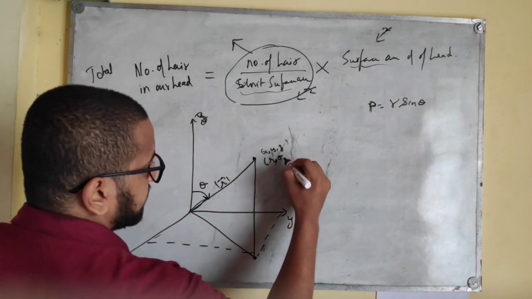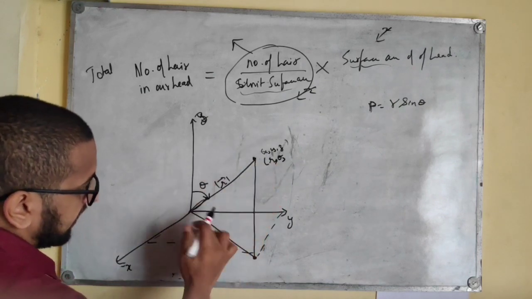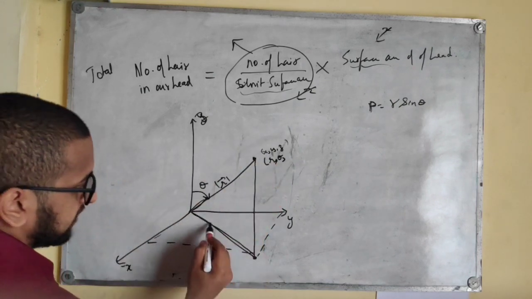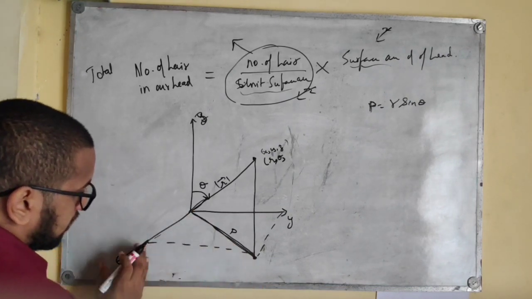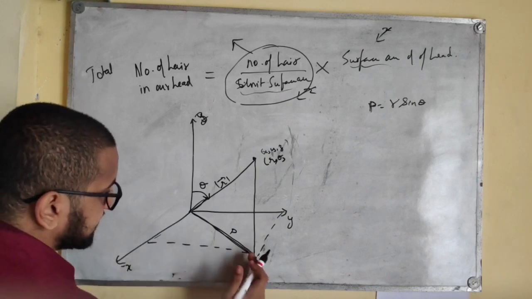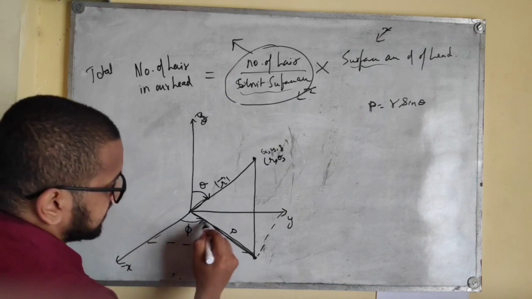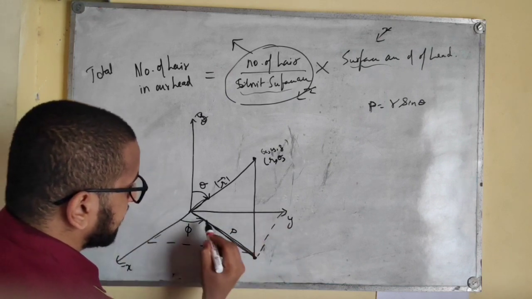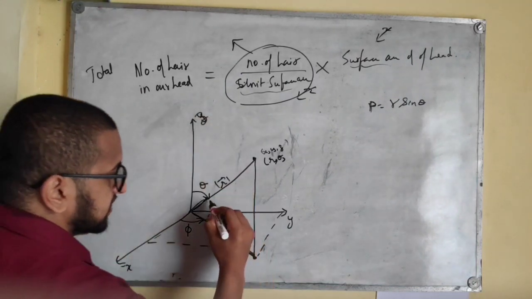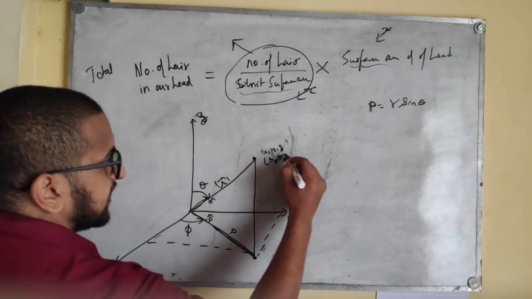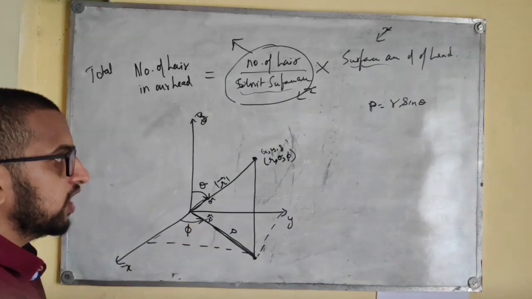Third, the projection of this r in the xy plane, let it be p, and how much p is rotated from the x direction. This angle will be phi, and this direction is phi cap. So these are the three variables which represent a point in spherical polar coordinates.